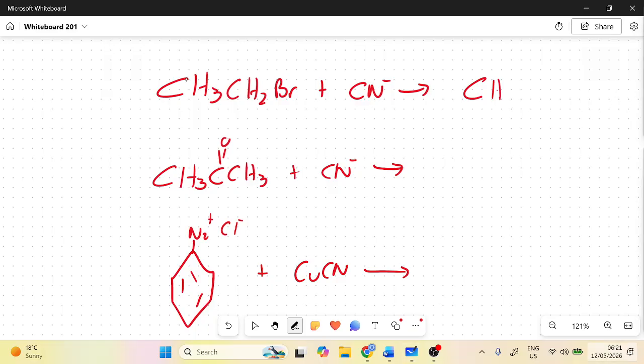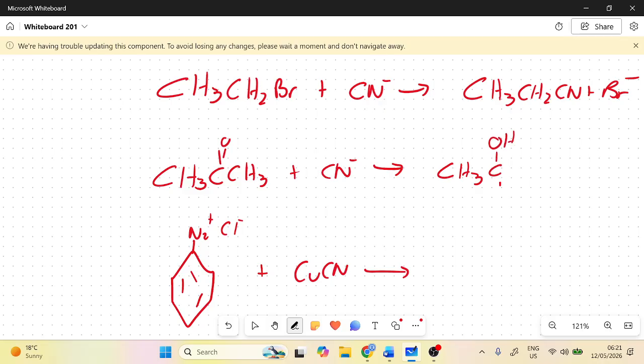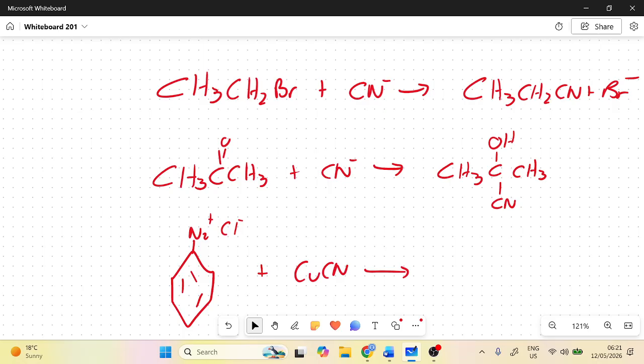The first one is a simple substitution. This is used anytime you need to increase the carbon chain by 1. This is a nucleophilic addition. This is important whenever you need to both increase the carbon chain by 1, but you also need to increase the functional group. And this is used when you need to add a carbon to benzene.